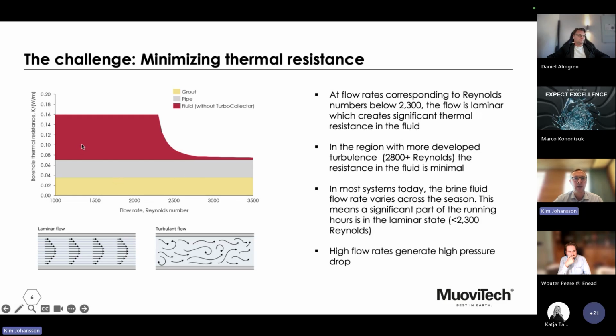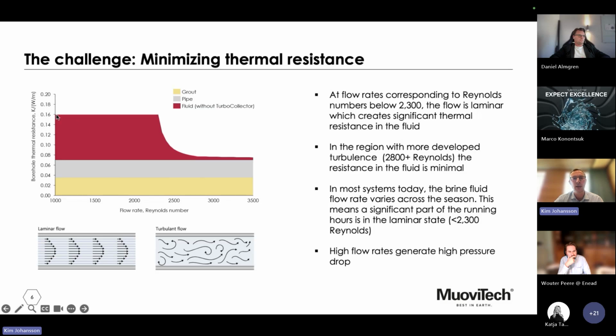Above that, we have a red field, which we call fluid, and this is the resistance within the brine. The first thing that we can see is that it's quite a large resistance, but we can also see that it's not constant.